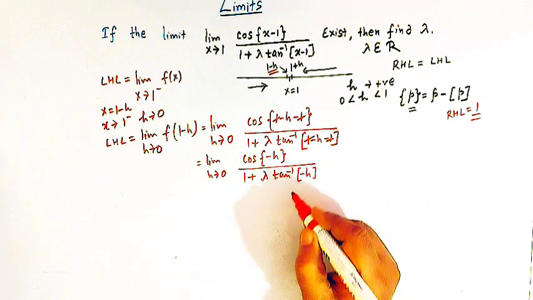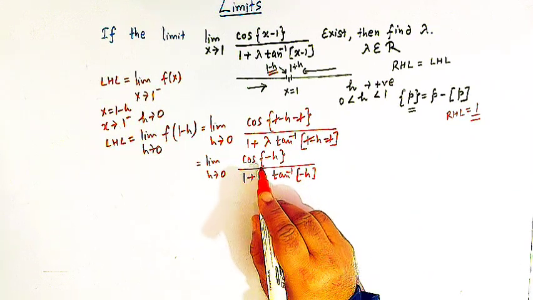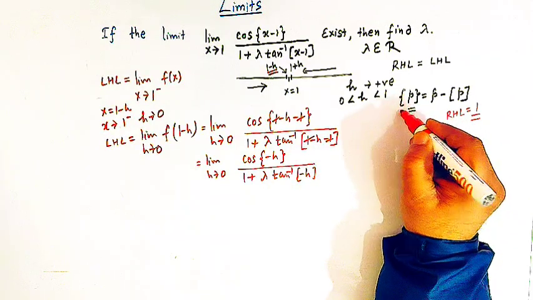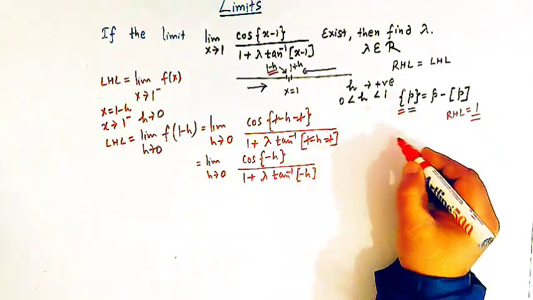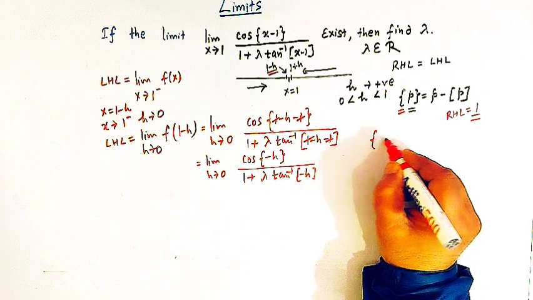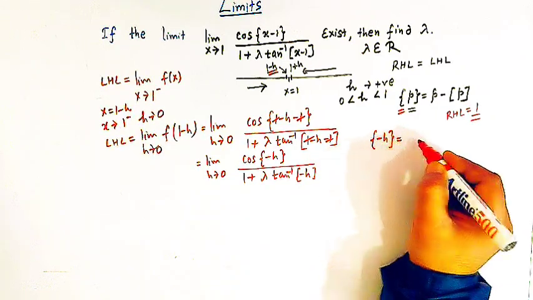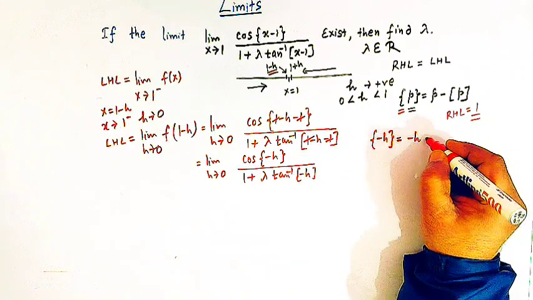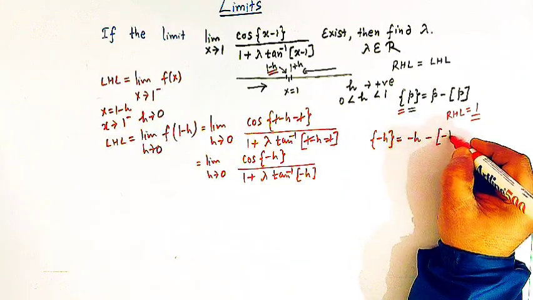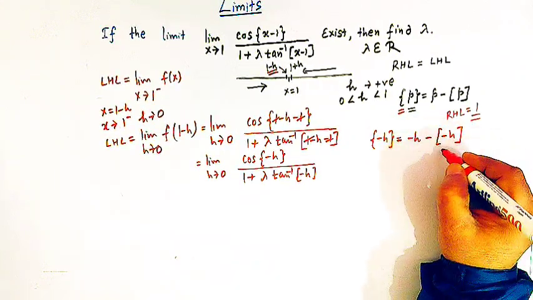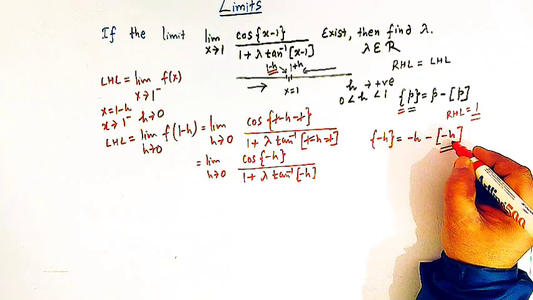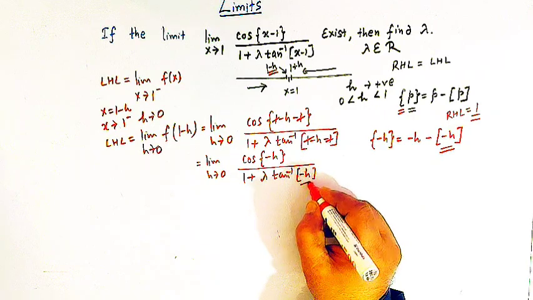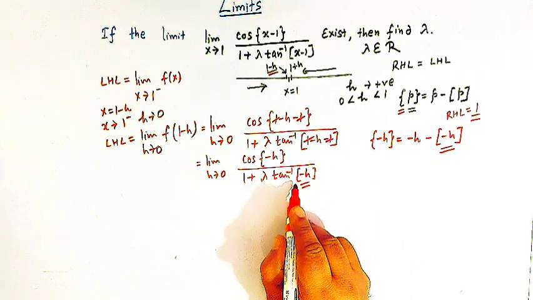So now to move further, here we have a fractional part of minus h. Utilizing this definition, we can write the fractional part of minus h as minus h minus the greatest integer of minus h, where p is minus h, right? So now we have to take care of this term, the greatest integer of minus h, which also appears in the denominator.